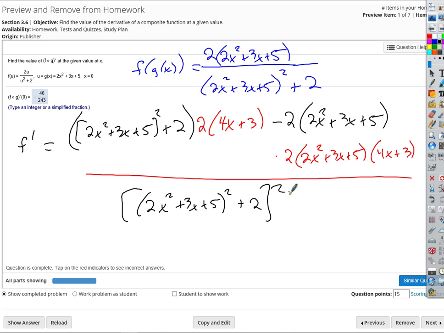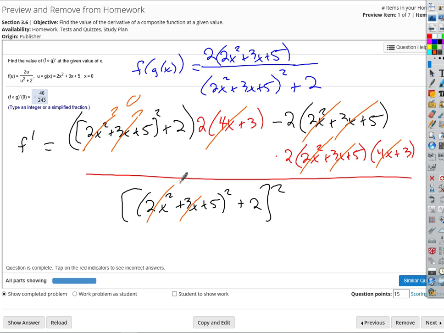Because we're going to evaluate it at 0. So when I evaluate that big ugly derivative at 0, what's left behind? Almost nothing, right? Look what happens. Everything with an x in it is going to 0. So what am I left with?